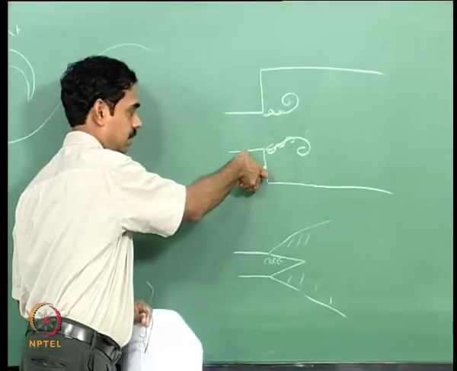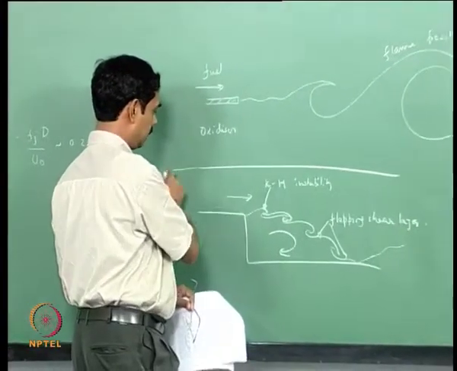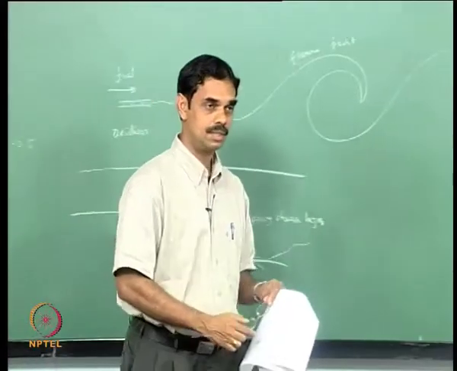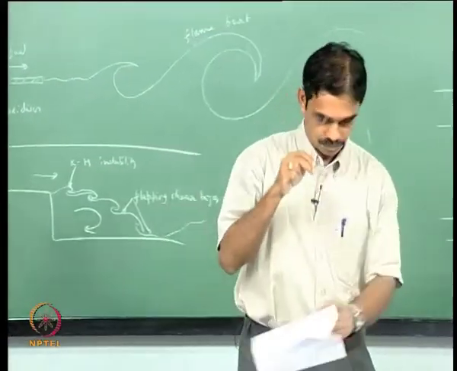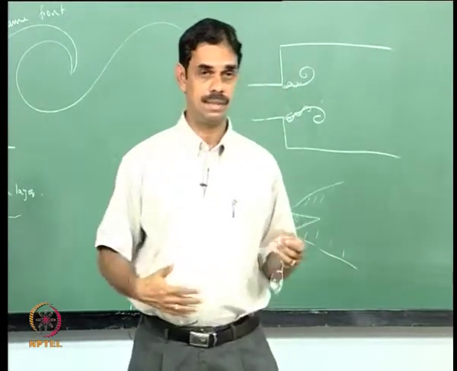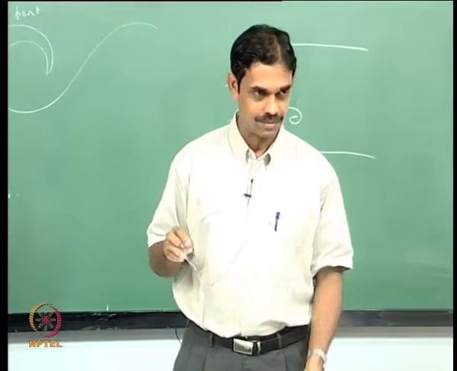But at some small enough step height, of course, this can actually go and impinge on the wall. That is a distinct possibility, and there can be interaction between the Kelvin-Helmholtz instability and this step mode or flapping mode instability, which is very complex.